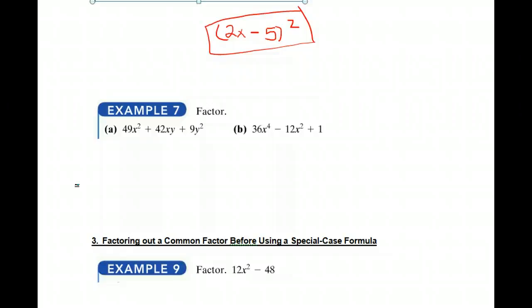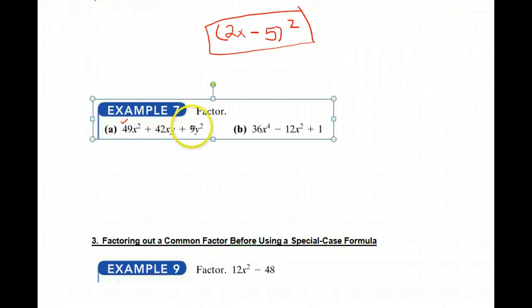Okay, at this point you should have had an opportunity to complete both examples A and B. What we want to do here is check to see if these are perfect square trinomials. Is 49x squared a perfect square? It is. How about 9y squared? It is.